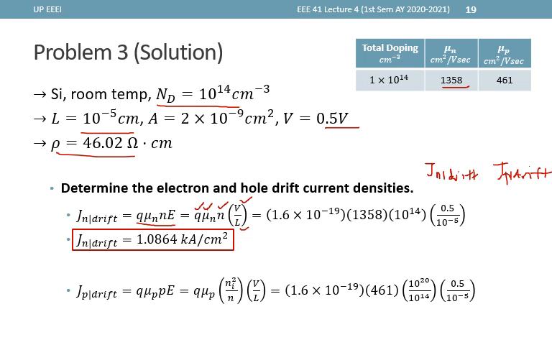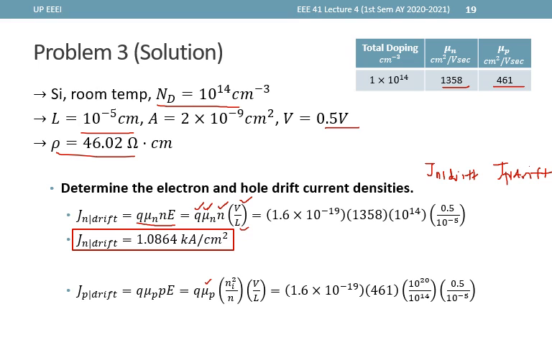So the next is for the holes. What would change would be mu p. So still Nd is 10 raised to the 14, so we'll use mu p to be 461. We can use the law of mass action to determine p.